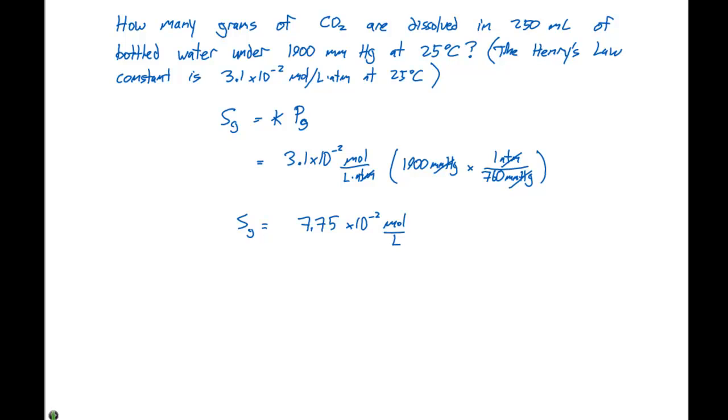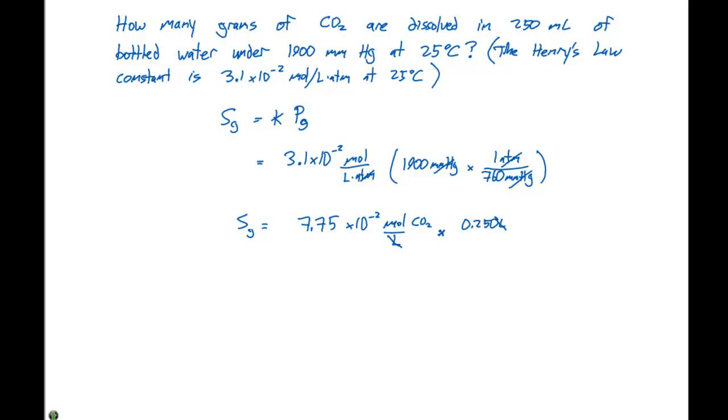Okay? Here we're asked, and this should be moles of CO2 per liter, but here we're asked how many grams dissolve in 250 milliliters. So we've seen molarity units before back in chapter 4, so we have to use the same conversions that we did. So 250 milliliters will be 0.250 liters, so our liters cancel out.